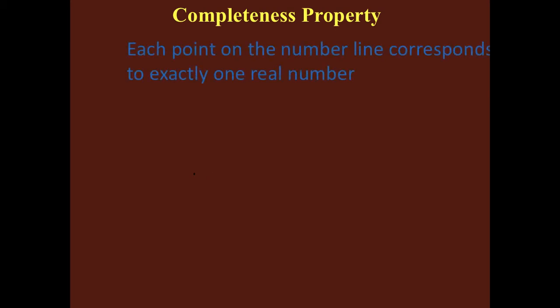Now we are going to do the completeness property. Each point on the number line corresponds to exactly one real number. For example, we are going to graph these numbers on the number line. Now we know that negative 4, negative 2, 0, and 4 are all rational numbers. We need to find 5 over 2 and root of 48.